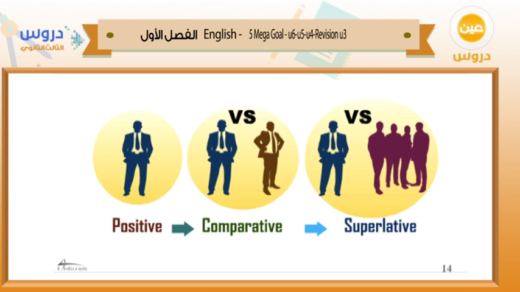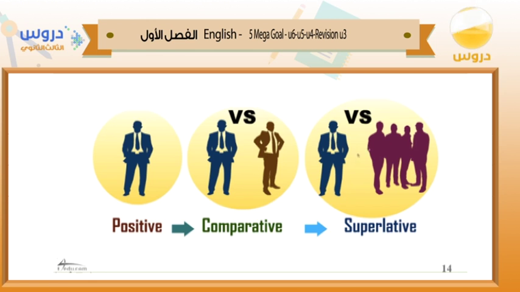Now the third thing that we will revise today is the comparative and superlative form, the comparison form. If you notice here, we deal with adjectives in the positive form. If we want to make a comparative form, it means between 2 persons or 2 things or 2 ideas. And if we want to make a superlative form, it's one among more than 2.